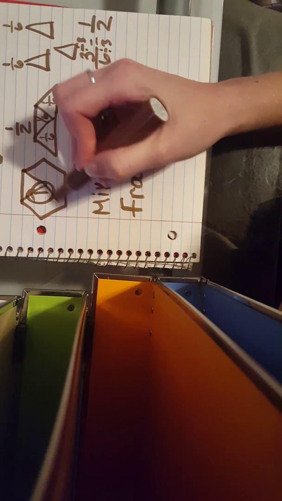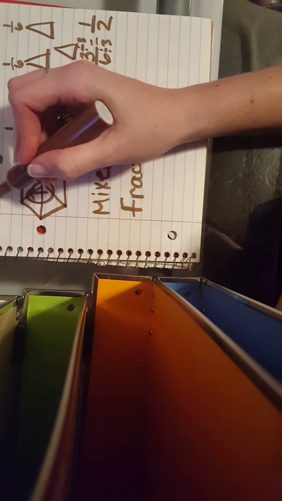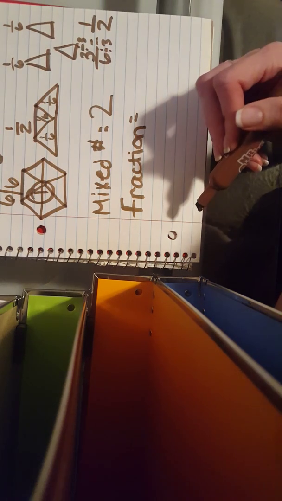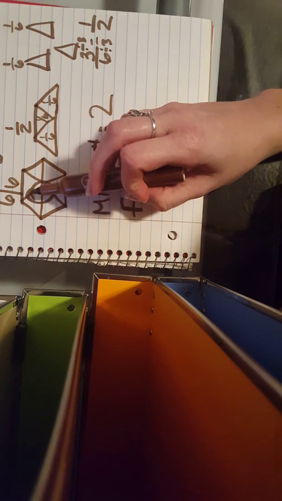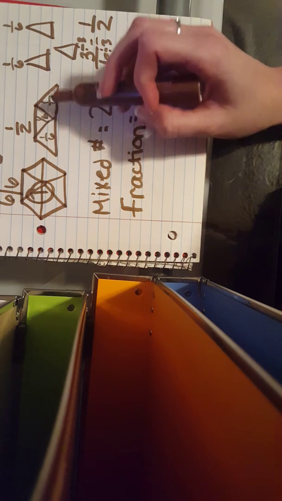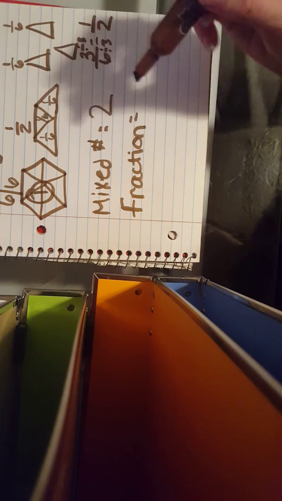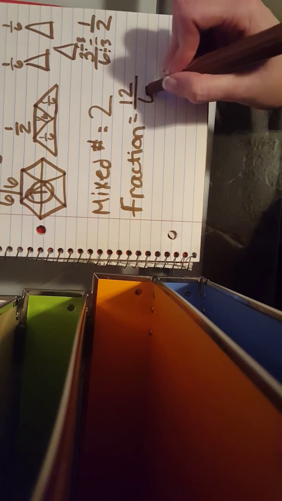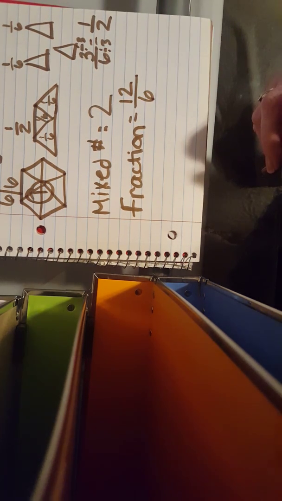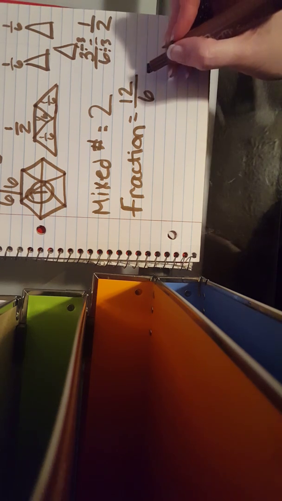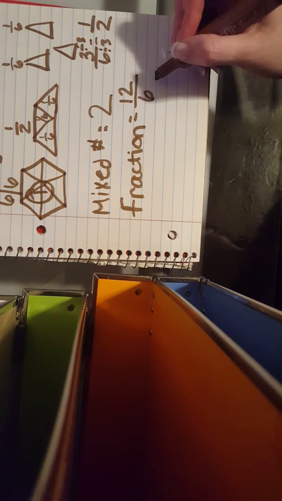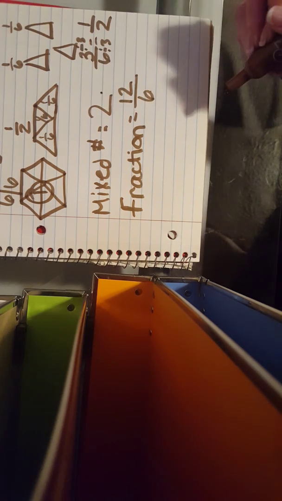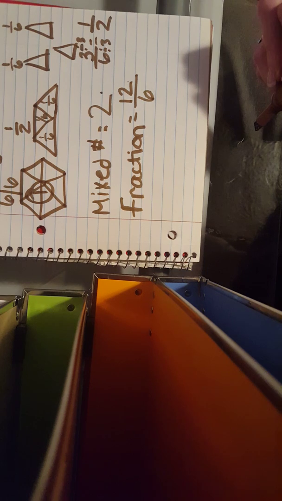And this is now broken into 6/6. So I have 6, 7, 8, 9, 10, 11, 12. 12 pieces that are cut up into 6. If you look, you can check, because if you do 6 times your mixed number, you get 12.